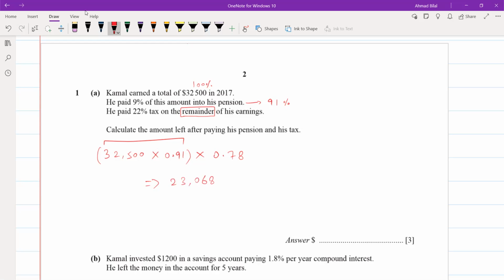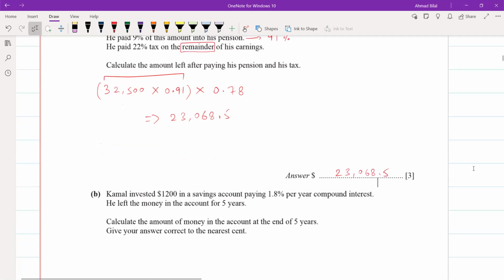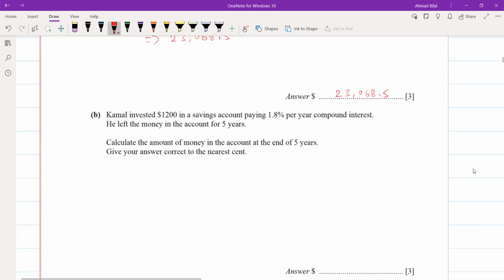Yeah, very good. So $23,068.5. That's the amount that is left.